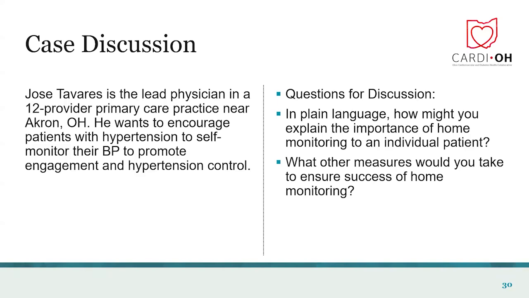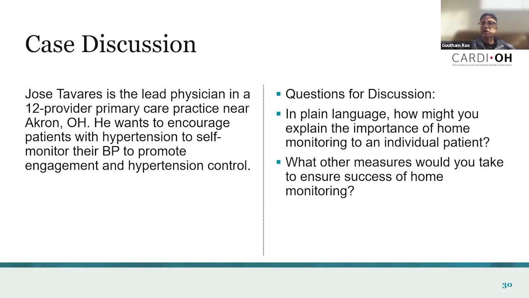We can help them to initially schedule a nurse visit to bring their machine, and the nurse can correlate that with our machine and see if it's working well and the patient is doing it the right way. We can print out a log sheet where they can have a date and time for the blood pressure reading, and try to educate them on the goals and what's the right number. I think that might help them to understand how to start.